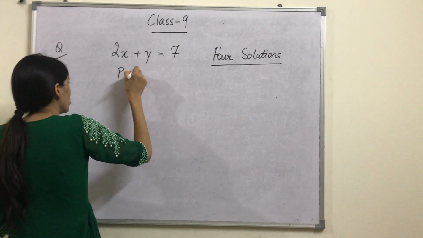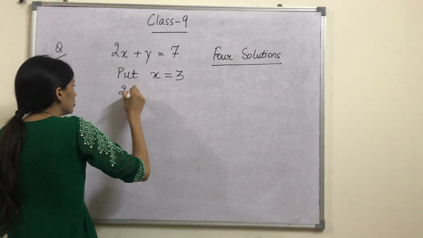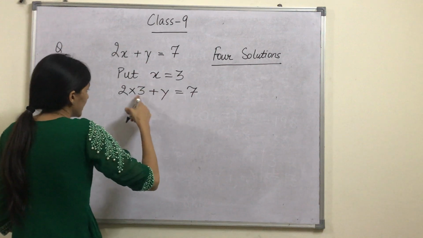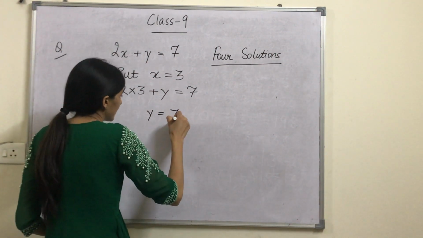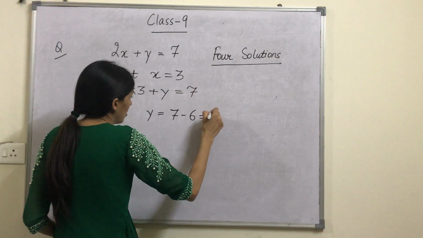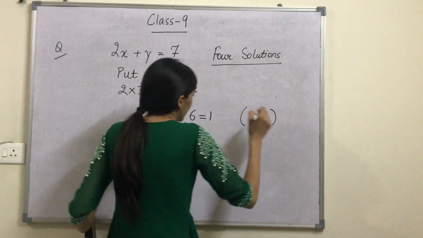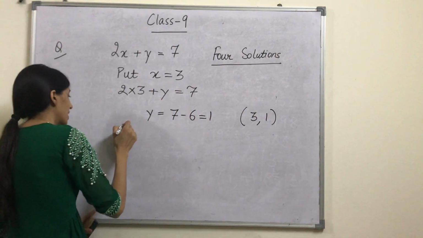Put x equals to 3. 2 into 3 plus y is 7. 2 3s are 6. 6 from the left hand side goes to the right hand side, gets subtracted. 1. That is x is 3, y is 1 is the third solution of the given equation.